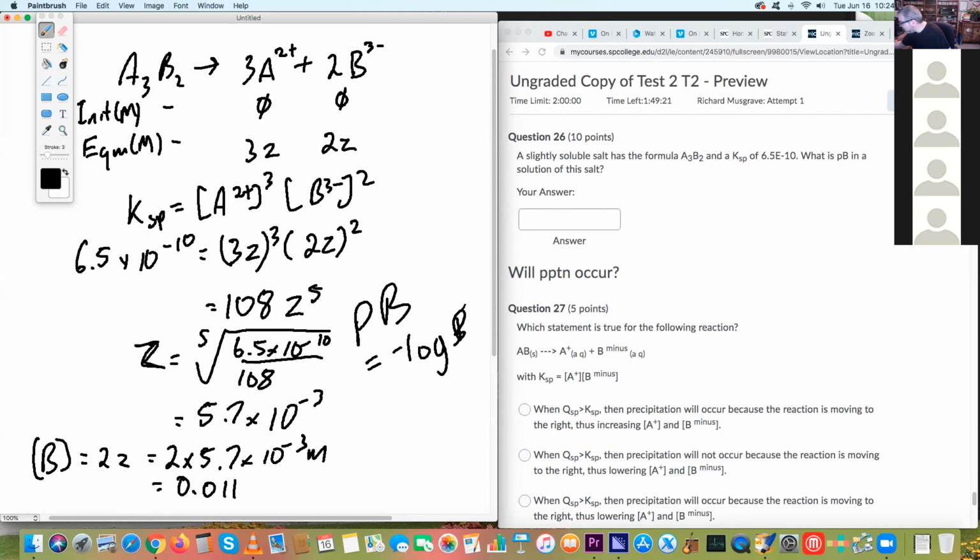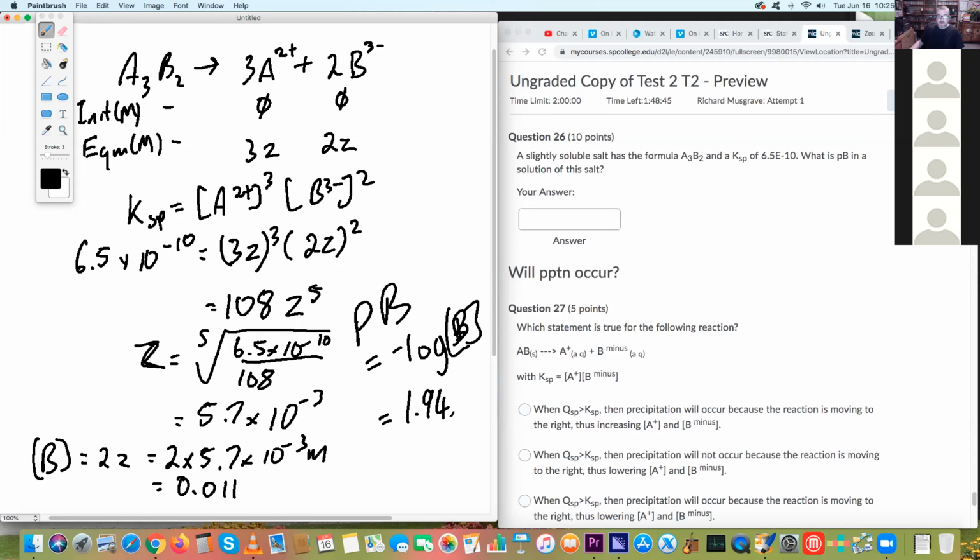Negative log of B, and I get 1.94 for that.